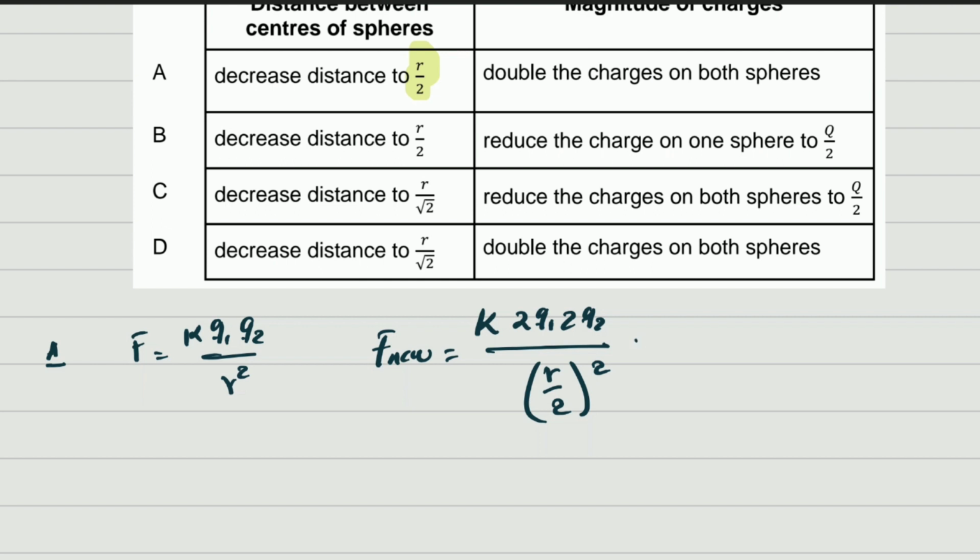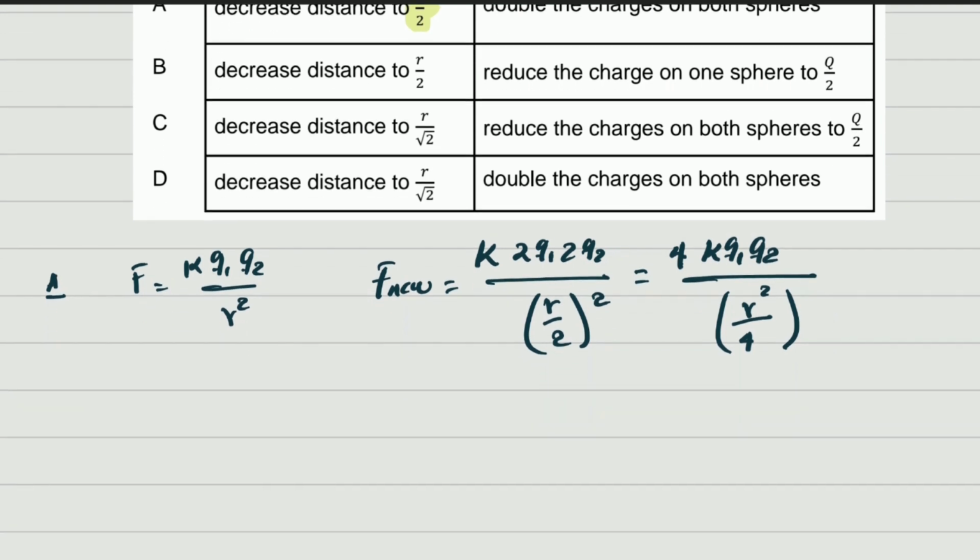Now when you solve this one, we get here 4, because 2 times 2 is 4, K Q1 Q2 divided by, and when you solve this one, it is R squared divided by 4. There we go. Now this one, guys, you divide by the inverse of the denominator here.